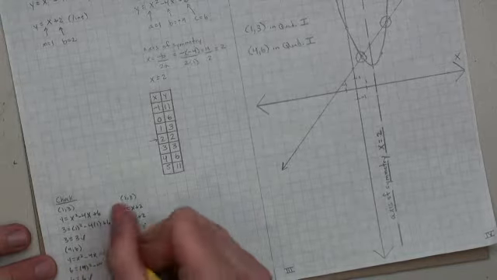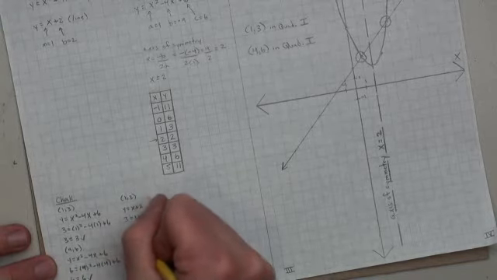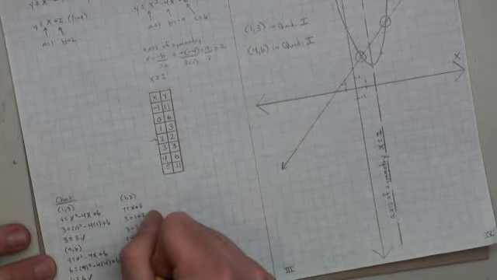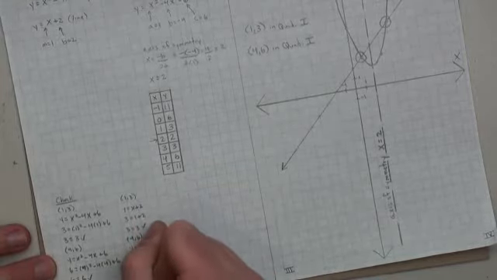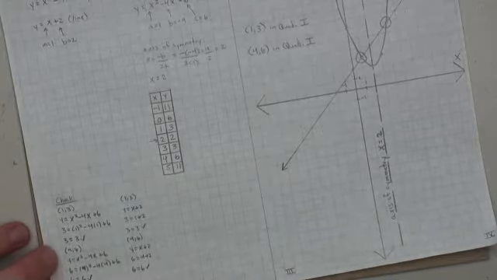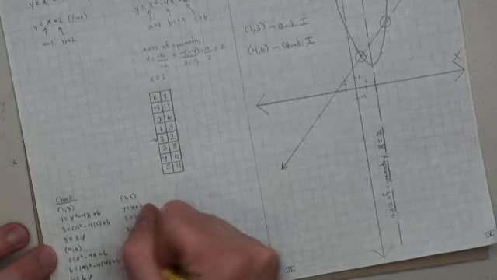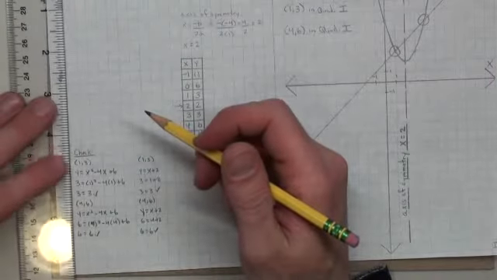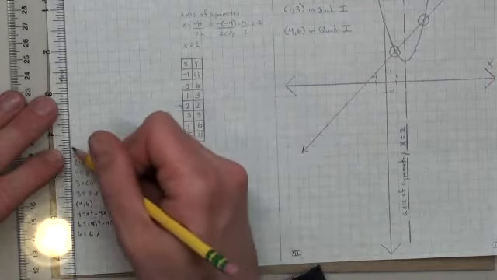So 6 equals 6. And let's check it in the line. 6 equals 4 plus 2. 6 equals 6. So we're all good. Let's just clean up our check.